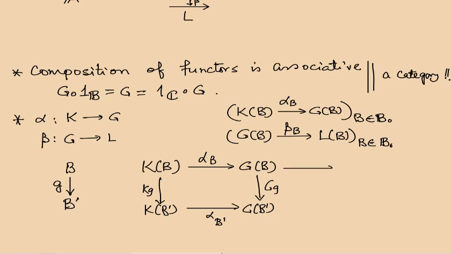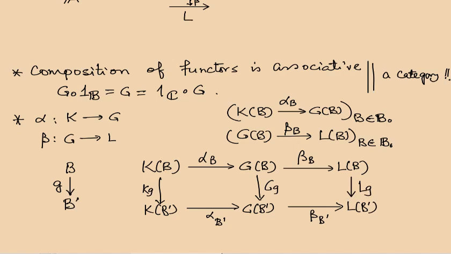And again over here, because beta is a natural transformation, you have told me, LB prime, this part of the diagram also commuted. So the outer square also commuted.